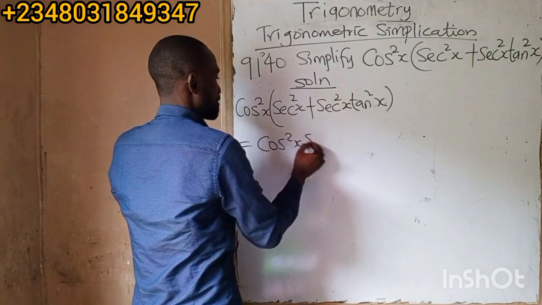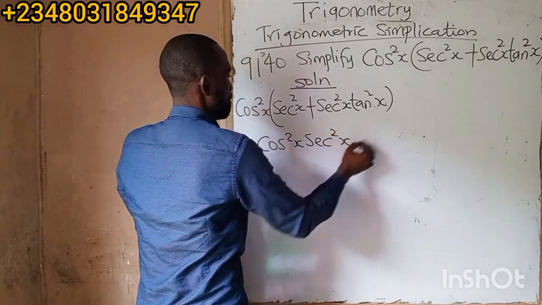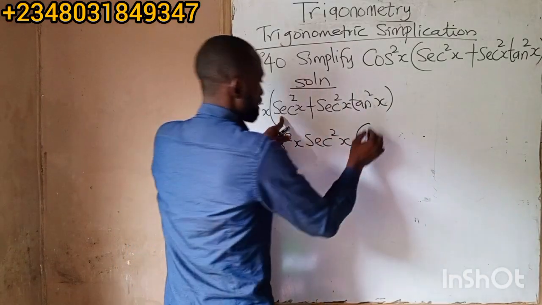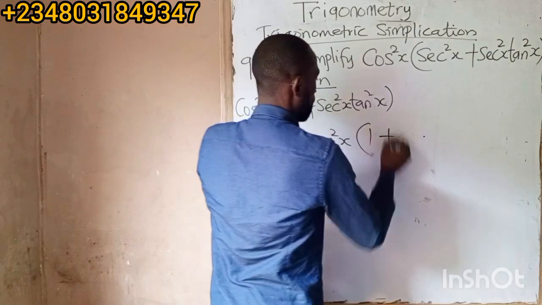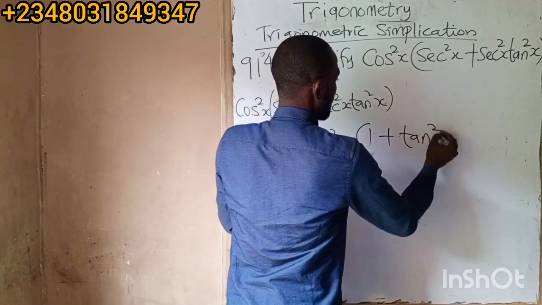When you bring it out, I have sec square x, open bracket, and you are left with 1 plus tan square x.